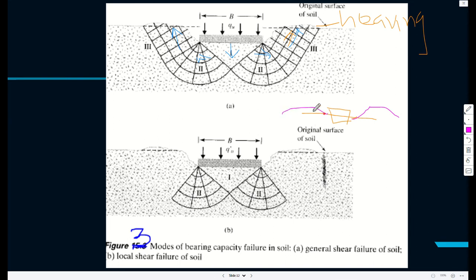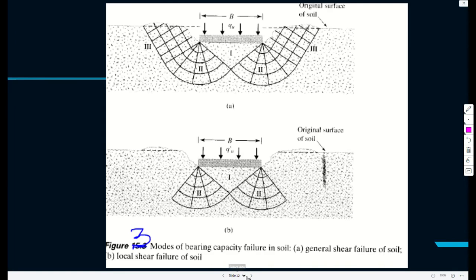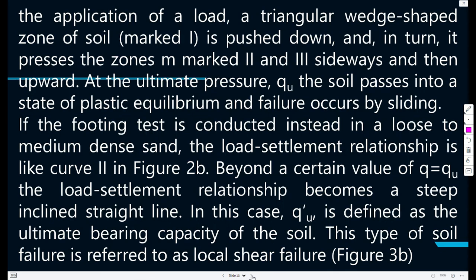I think you can confirm this happens a lot in reality. So this is the assumption of Terzaghi, which was later found to be quite reasonable, although it also has its own issues. We will talk about all that in detail.